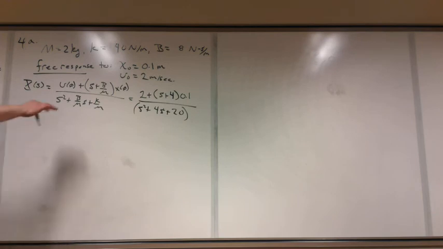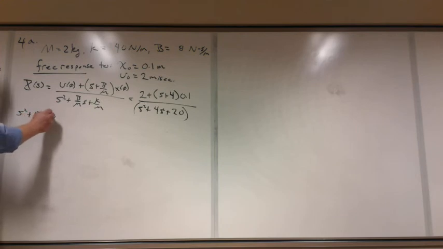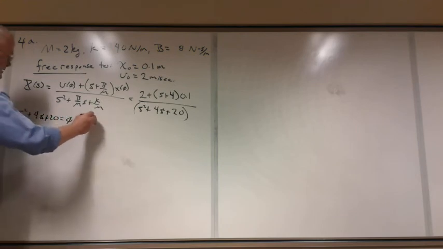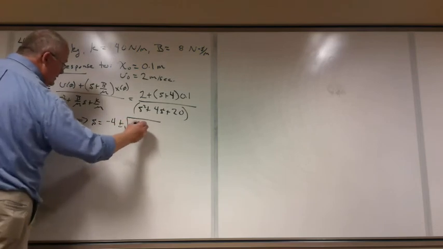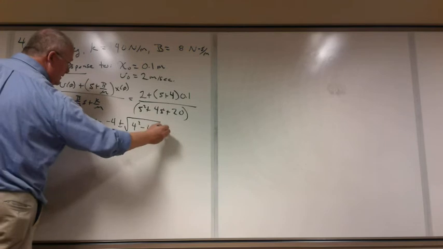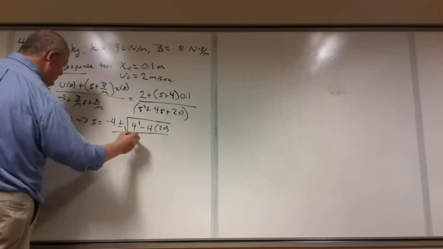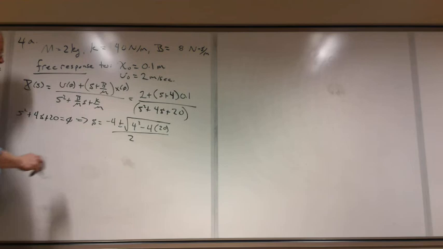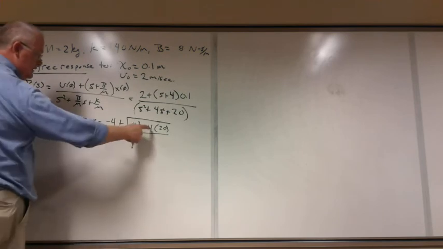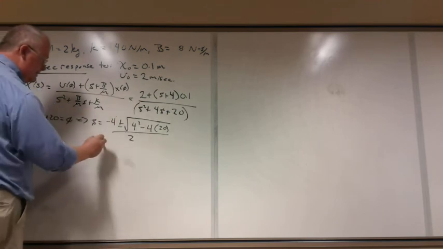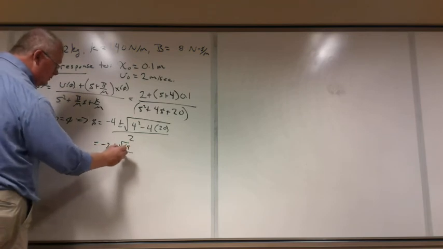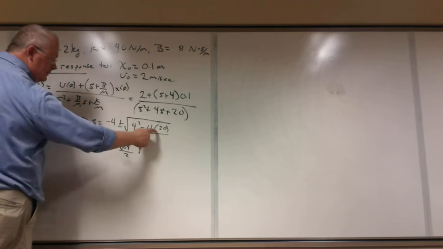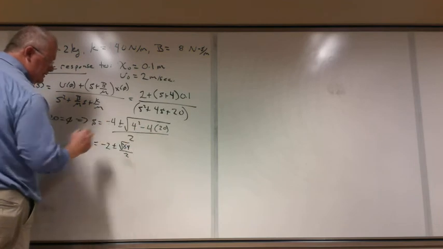So let's go ahead and figure out what the roots are. s squared plus 4s plus 20 is equal to 0 implies that s is equal to minus 4 plus or minus the square root of 4 squared minus 4 times 20, all over 2, because the coefficient is a 1. 16 minus 80 gives us negative 64.